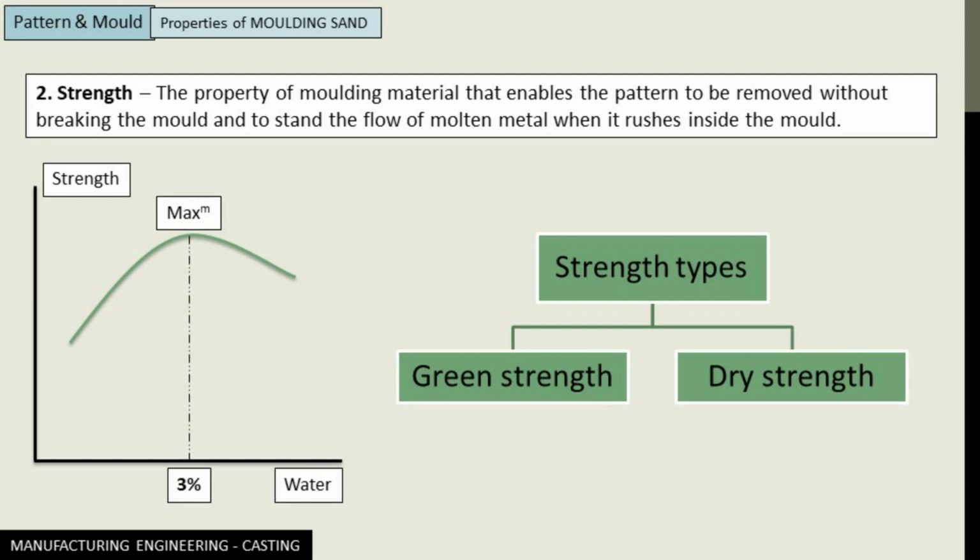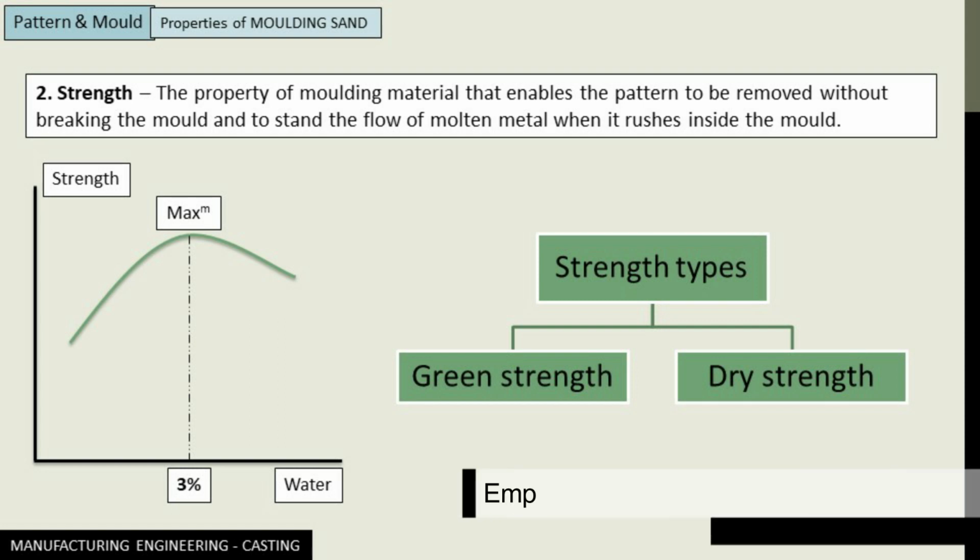The strength of molding sand also varies with water composition, and it is found by various experiments and practical applications that at 3% of water composition, all the molding sands have the maximum strength. And this is purely empirical.